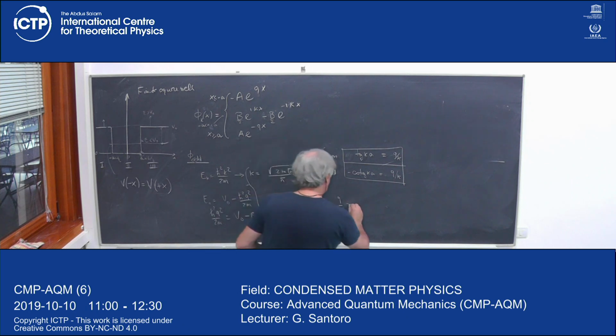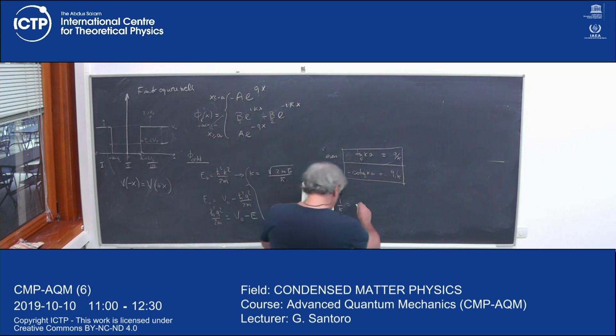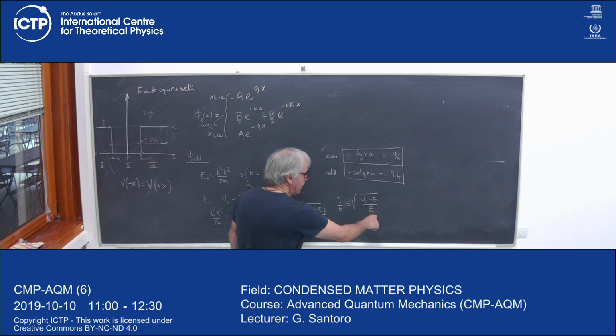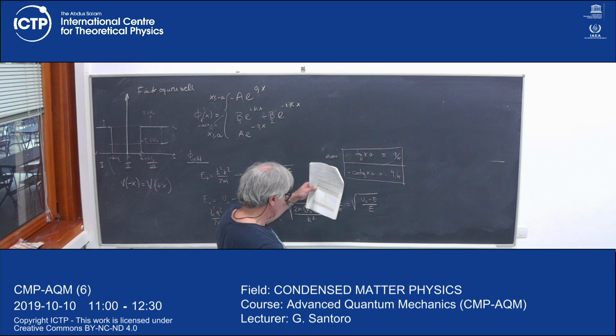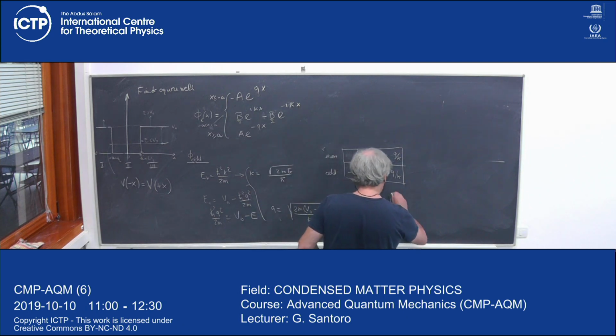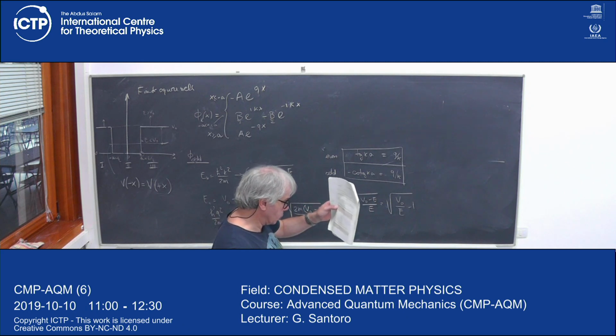You see that essentially the 2m h bar square cancels, and you have square root of V0 minus E divided by E. E is Ek, obviously, the energy. But let me do one thing. I can also rewrite this as square root of V0 over E minus 1. I can write in many ways, as I told you.